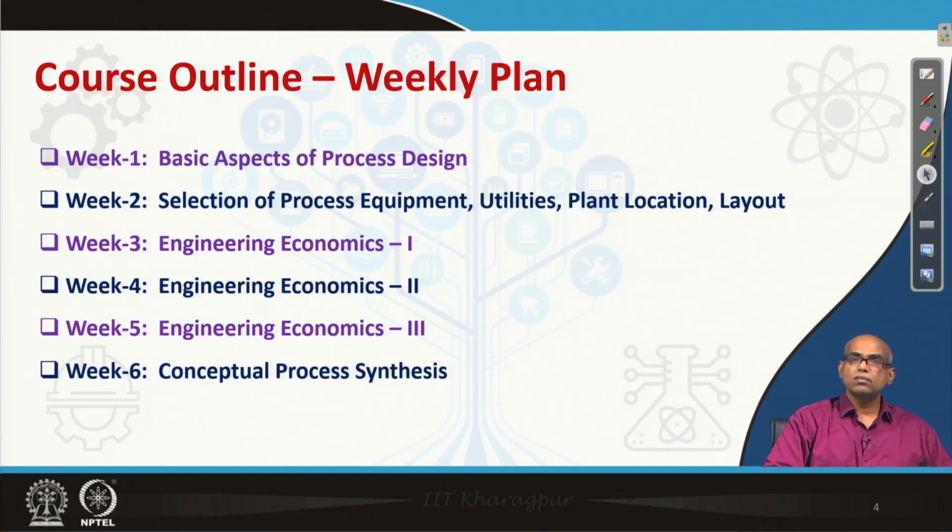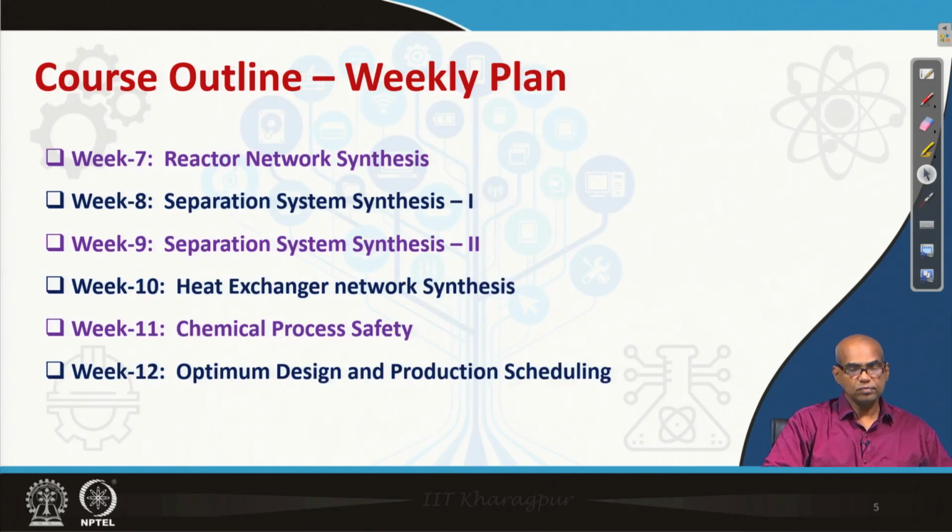The next 3 weeks, weeks 3, 4 and 5, we will talk about engineering economics. During these 3 weeks, we will talk in detail about economic analysis of chemical engineering plants. In the 6th week, we will talk about conceptual process synthesis. We will see shortly what we mean by process synthesis.